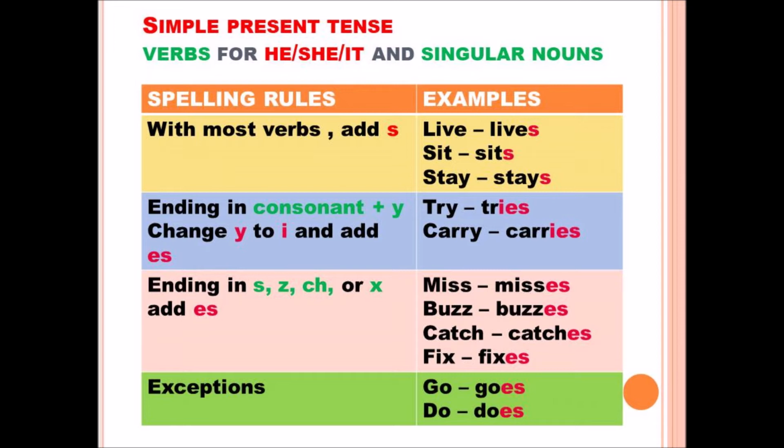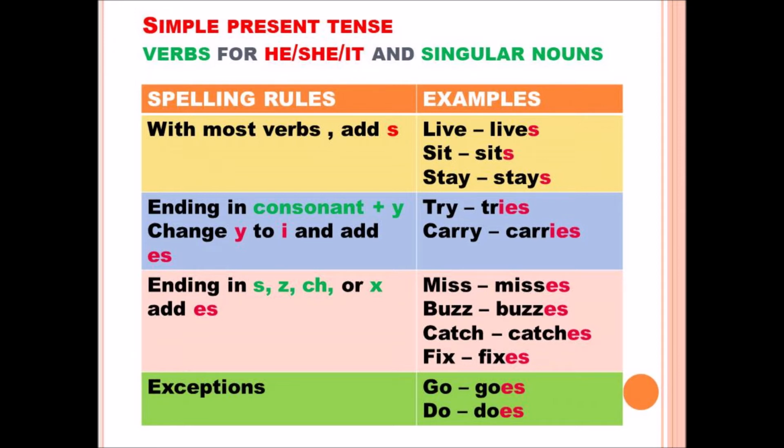A, E, I, O, U. These 5 letters are vowels. The remaining are consonants. So if the word ends with consonant plus Y, we have to change Y into I and add ES.